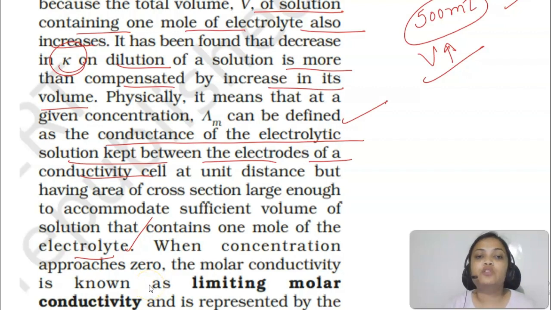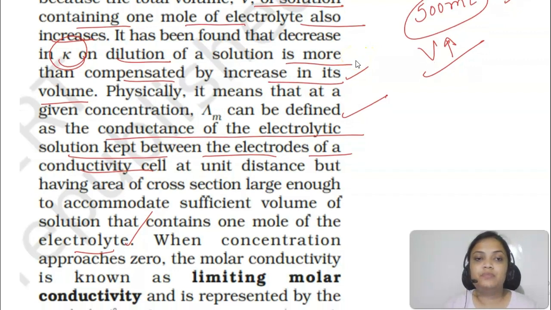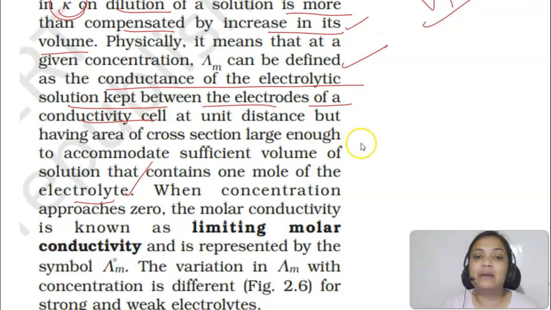Okay, तो मतलब जो decrease in आपका conductivity है on dilution, it is more than compensated by increase in its volume. Okay, तो area of cross section हम इतना मान के चल रहे हैं that is large enough to accommodate sufficient volume which can contain 1 mole of electrolyte. Okay, कि हम उतनी volume वहाँ पर increase कर सकते हैं.